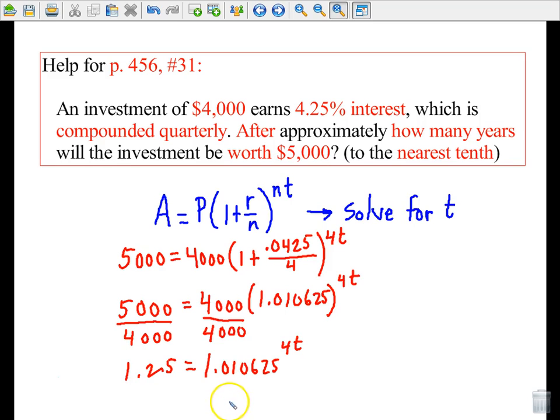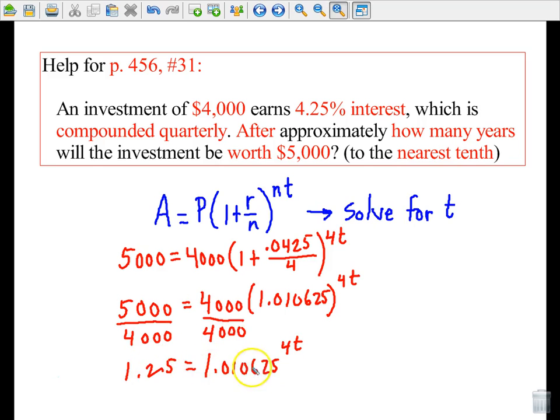Well, the great thing about knowing how to solve these exponential equations using logs is we now know how to find out how many years were involved. I need to change this exponential equation into a log equation. So what's that look like?